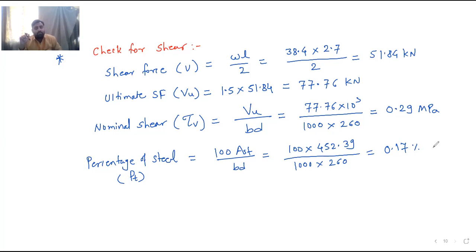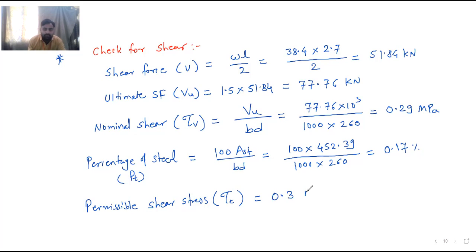So from that you need to do the interpolation in that table and calculate the value of permissible shear stress, tau C. If you do the calculation, you will get that value as 0.3 MPa.